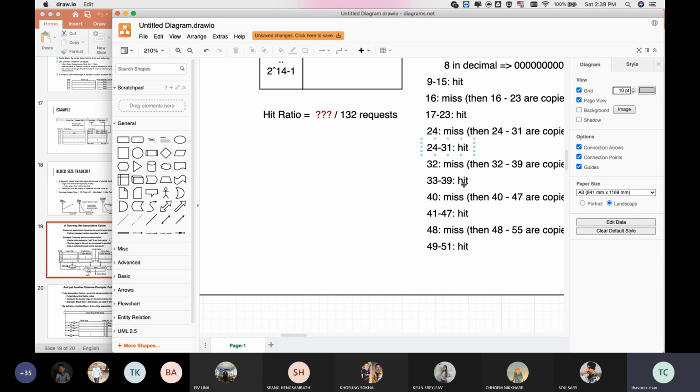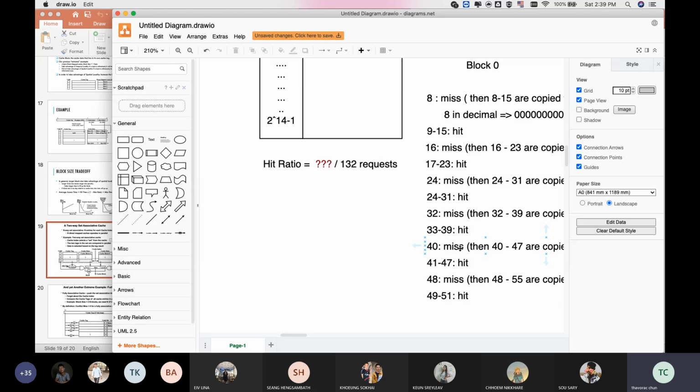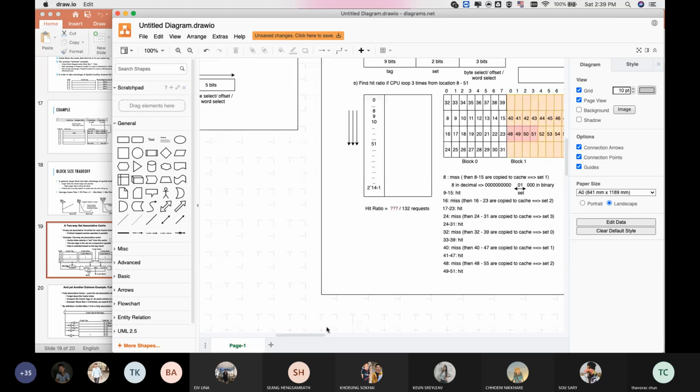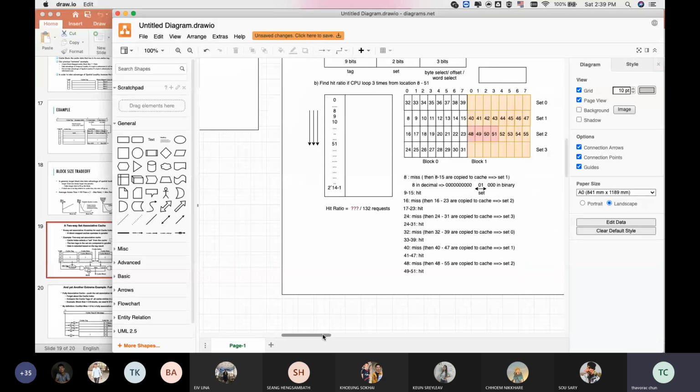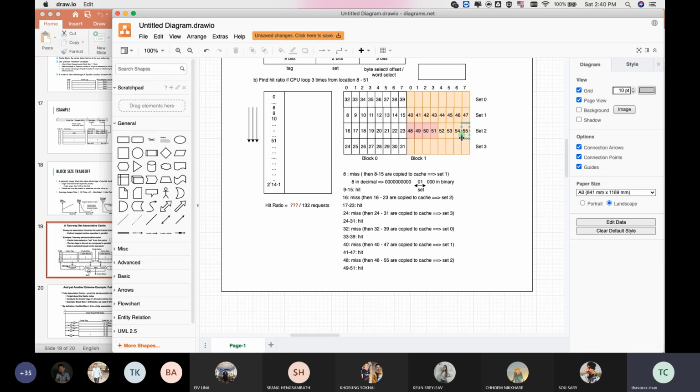Okay. So here is the first loop, and in the second and third loop, it is easy because we are not replacing any content. If you are replacing the content inside here, that will become more complicated. But because we are not replacing anything at all, in short, the data from 8 to 51 exist in our cache.